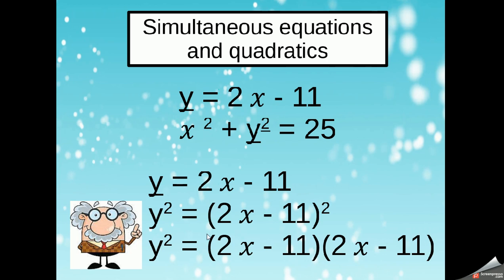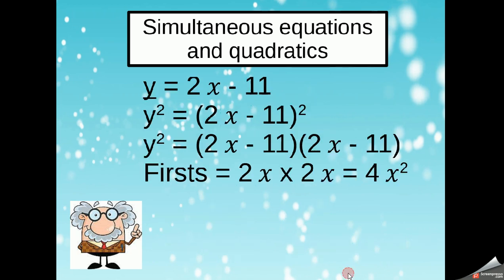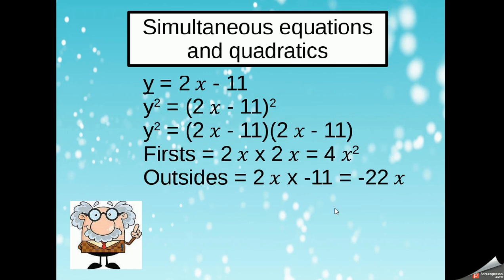So our next job would be, if you remember when we used FOIL, we won't be able to solve it when we've just got 2x minus 11 squared. So we're going to expand that out by using FOIL. We're going to multiply 2x minus 11 by itself, which involves looking at the firsts. So we've got 2x and 2x, which are the first terms in the brackets, and 2x times 2x will give us 4x squared.